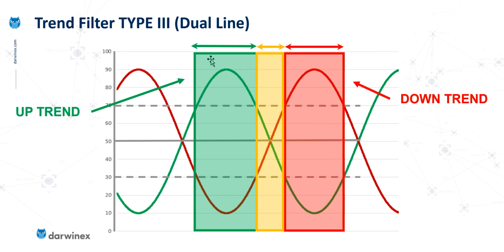And this will help to filter out those weaker trends. And so now we have this middle region where neither of the lines are above our specified level. And this of course gives us the information that the market isn't trending or indeed is changing direction.